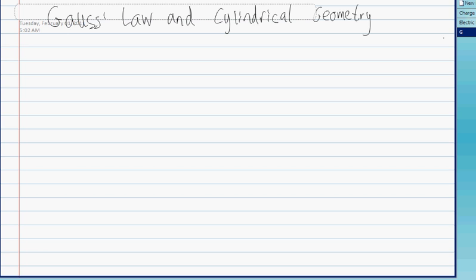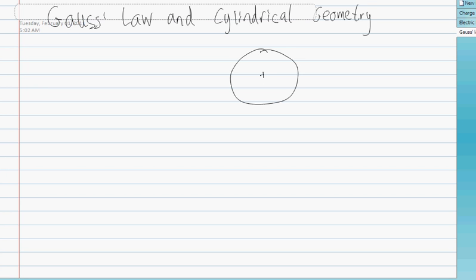We had some good examples where, for the sphere, if you have a point charge in the middle, it's going to spread out on our Gaussian surface so that the field is uniform at every place along the sphere. That's really why we choose geometries, to make that situation happen.